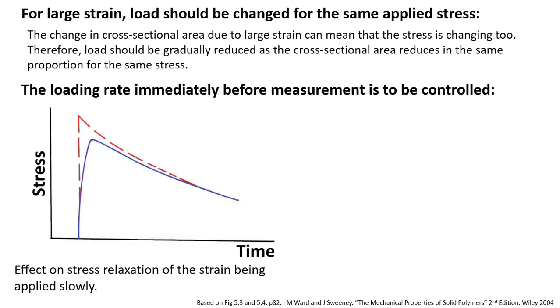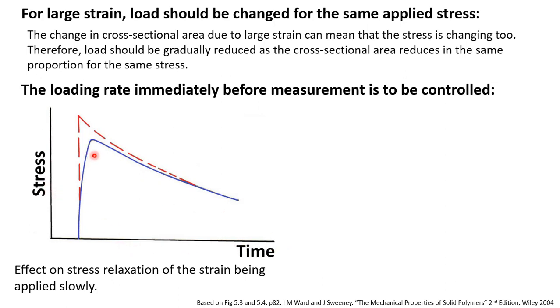Another point is the loading rate immediately before measurement is to be controlled. Whatever measurement we are going to conduct, for example, creep tests or recovery tests or stress relaxation tests, the loading history, the loading just before the test starts, is very important because the material is influenced by the loading rate. For example, here this is a stress relaxation test, stress as a function of time.